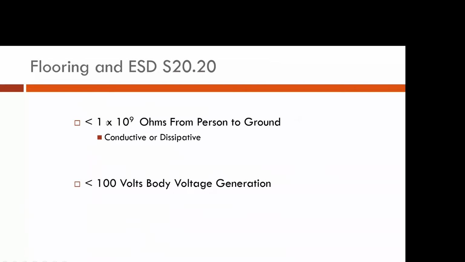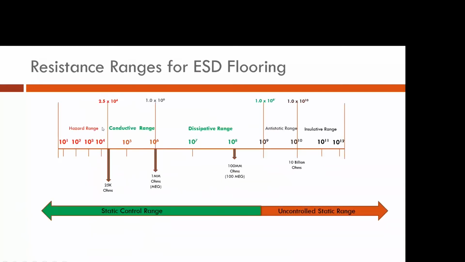The conductive and dissipative ranges run from 2.5 times 10 to the 4th up to 1.0 times 10 to the 10th. This is a measurement of ohms, and it measures from 25,000 ohms all the way up to 10 billion ohms.